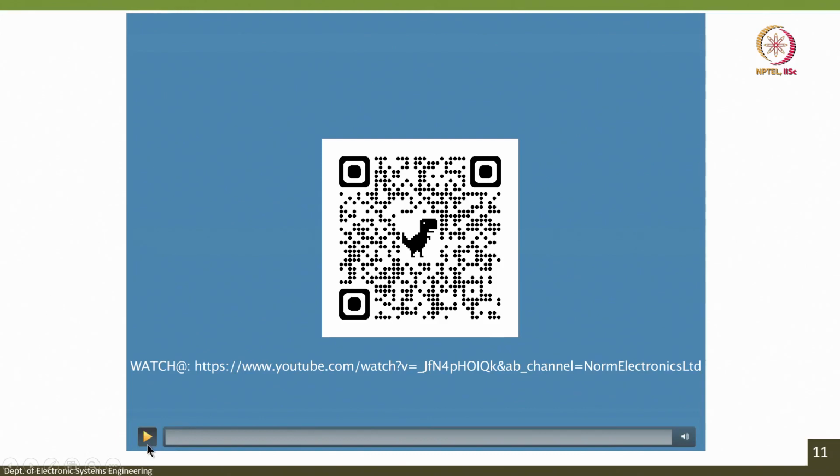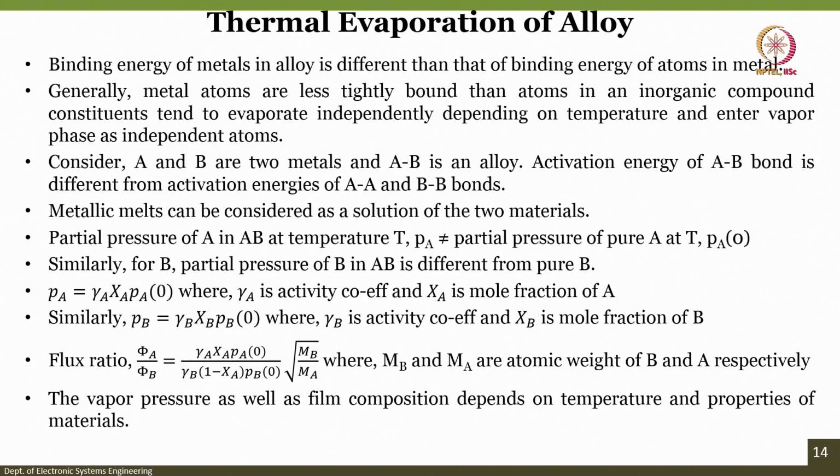Then the question that comes to our mind is, what happens if we want to evaporate an alloy? In that case, the binding energy of metals in an alloy is different from the binding energy of atoms in a metal, that we already know. The metal atoms are less tightly bound than atoms in an inorganic compound.